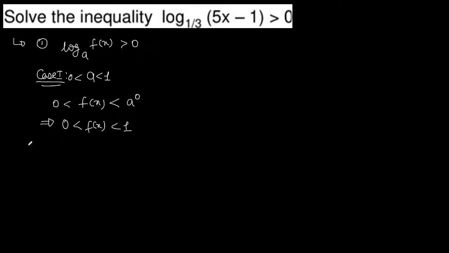So here we'll put 0 less than 5x minus 1 less than 1, and further we'll go: 5x minus 1 bigger than 0 and 5x minus 1 less than 1.